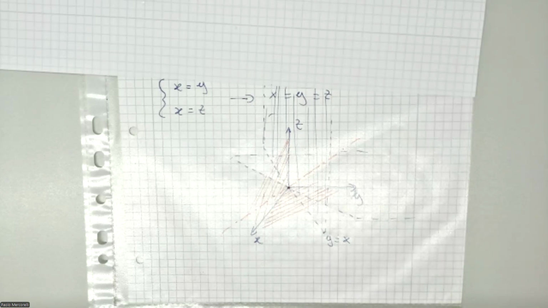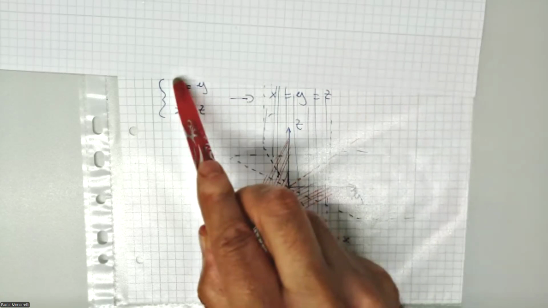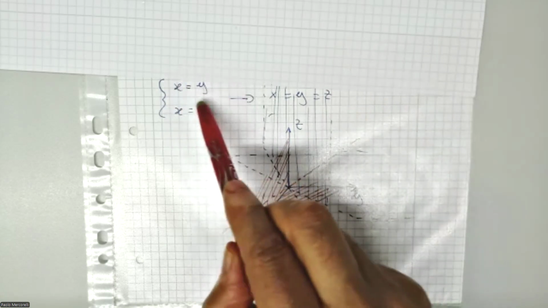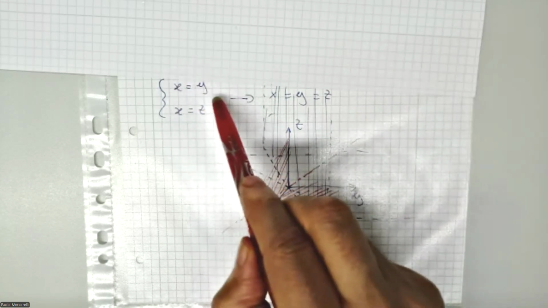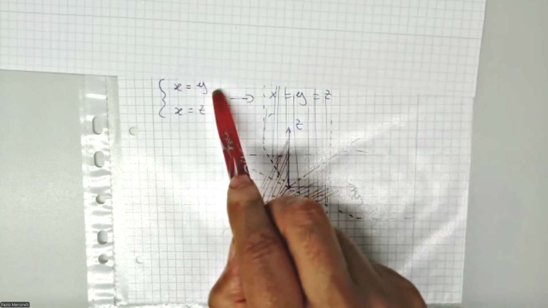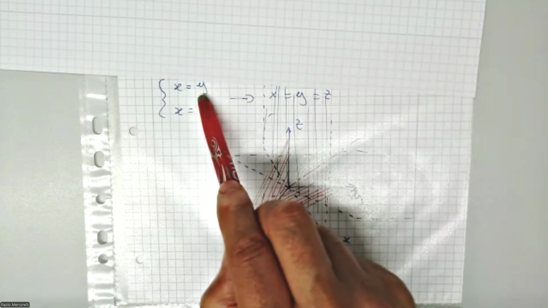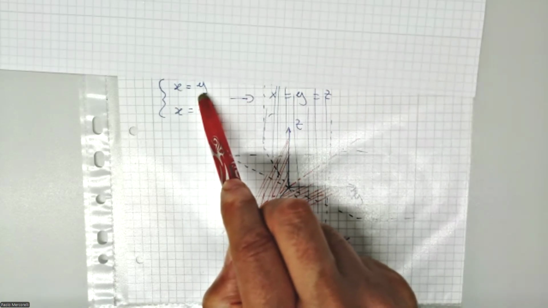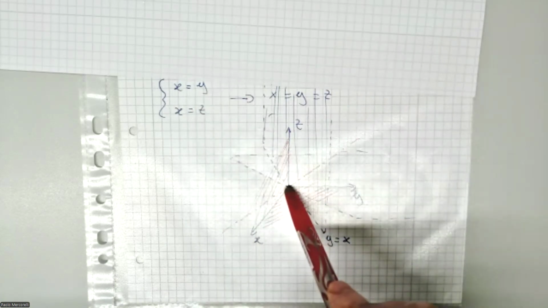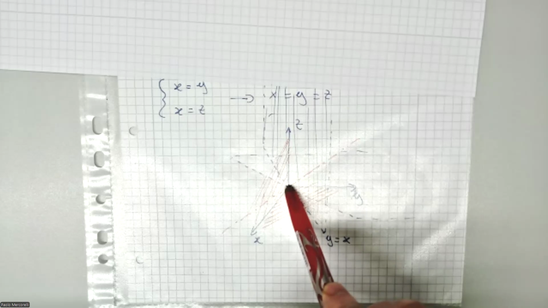I think, I mean, the meaning is this one. This is the plane parallel to Z. In this case, include Z because we don't have any constant here, because X equal Y implies also that the origin belongs to the plane.